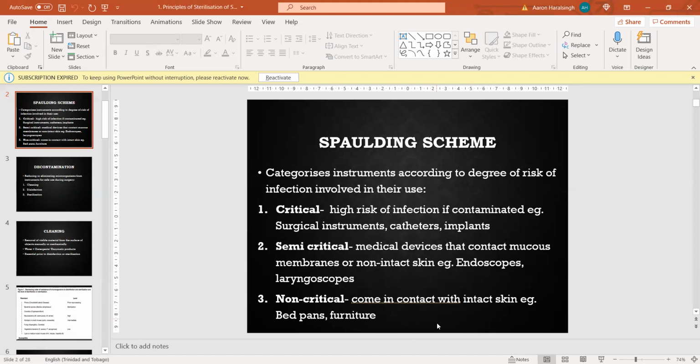Non-critical items, for example, let's say a bedpan, require low-level disinfection. So you might be able to achieve this with soap, water, and alcohol solutions. So this is the basis of the principles involved in sterilization.